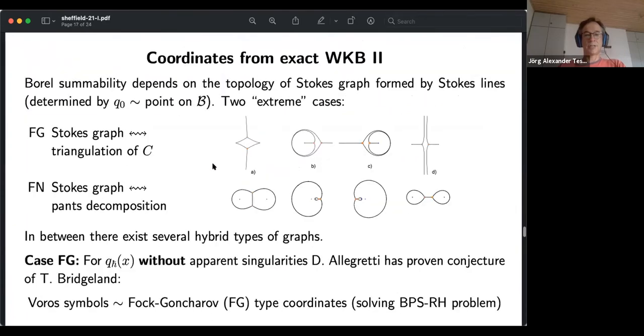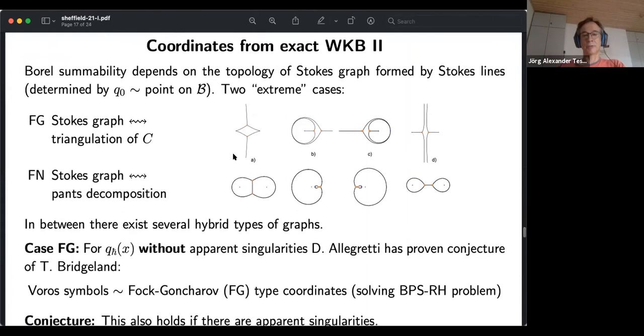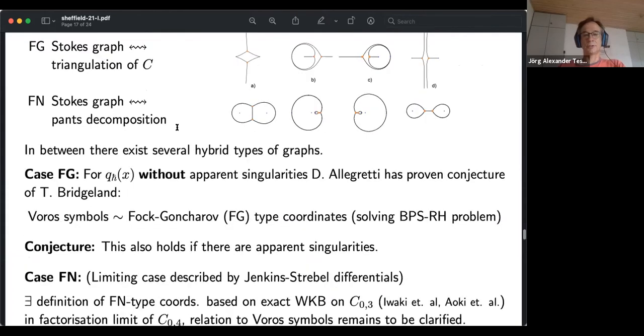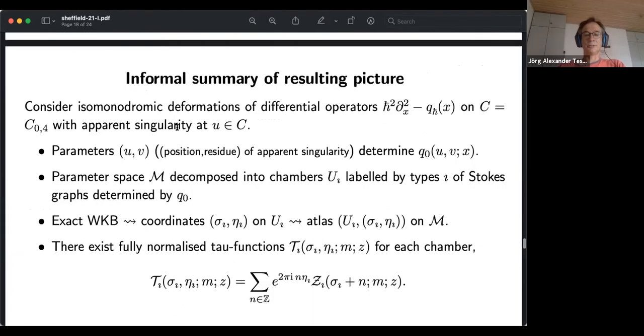So types are, for example, these here, the types of Stokes graphs that we can have on the 3-punctured sphere, and of course on the 4-punctured sphere you will have some more, because then you need to connect these parts to the parts from another 3-punctured sphere, and you're getting thereby the different types of Stokes graph. But the Stokes graph is uniquely determined by Q_0.